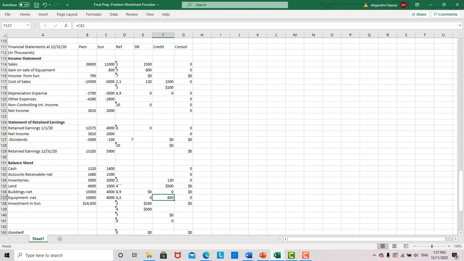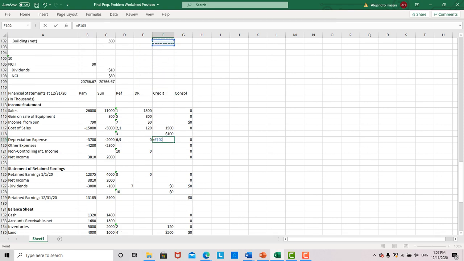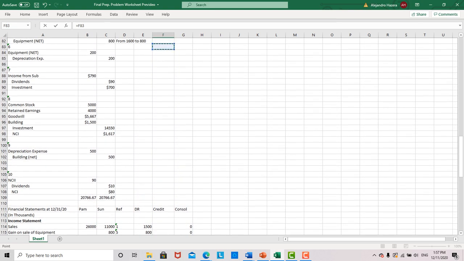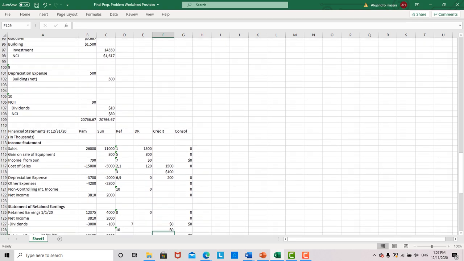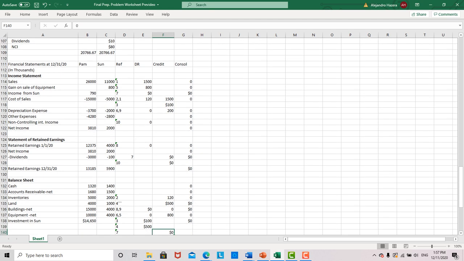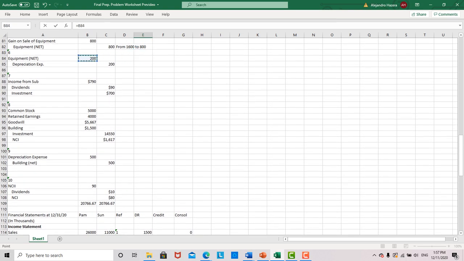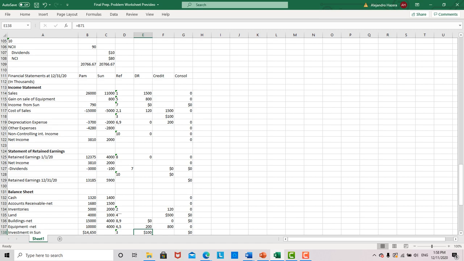Okay, and then we've got some excess depreciation, so we're going to credit depreciation expense in entry number 6 for 200, and the equipment account is recorded at net, so we will credit that. If it weren't written net, we'd be crediting accumulated depreciation, but the equipment account is at net for 200.